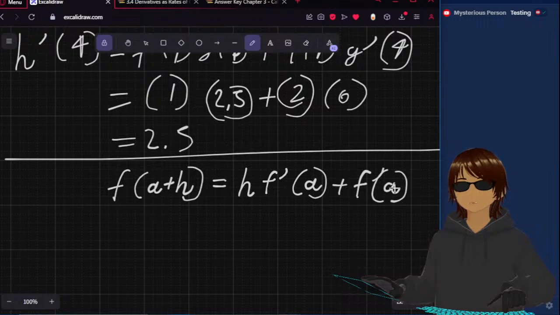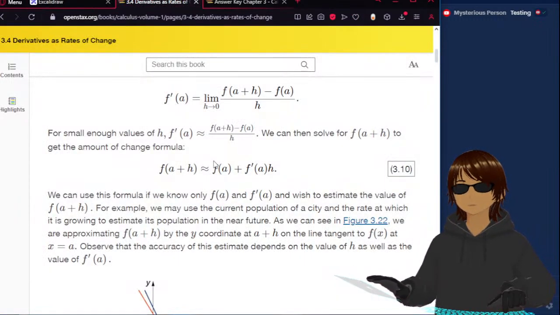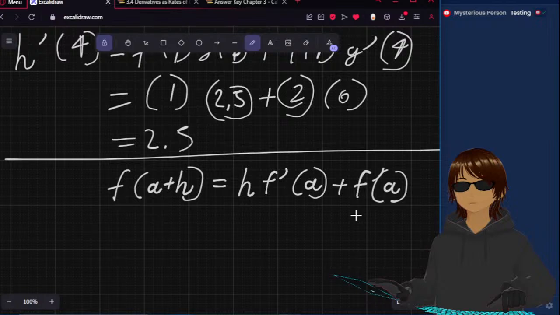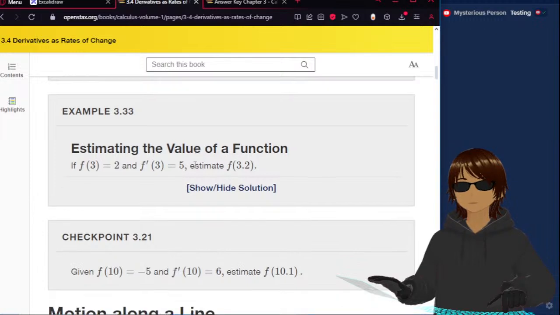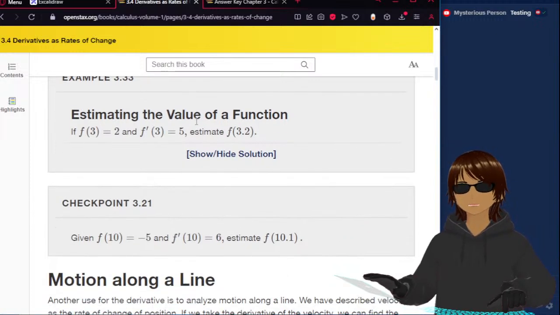Is this correct? Yes, it is. Estimating the value of a function. If f of 3 is 2 and the derivative at 3 is 5, estimate f of 3.2.